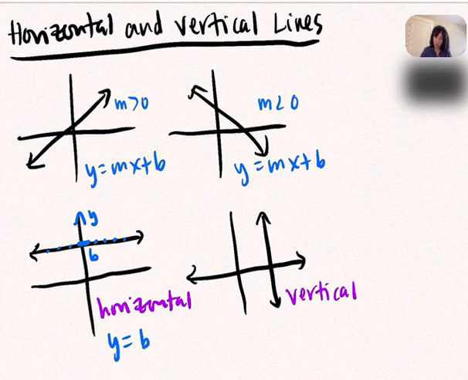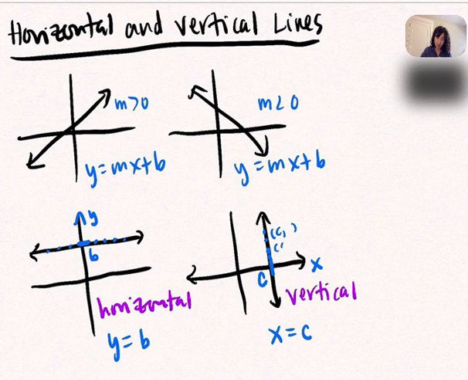A vertical line that goes through some x value, we'll call that c, has an equation given by x equals c. Why is that the case? Well, every single point on this line has x value c. So it's going to be c comma something, c comma something, c comma something. So you describe it by just writing x equals c.